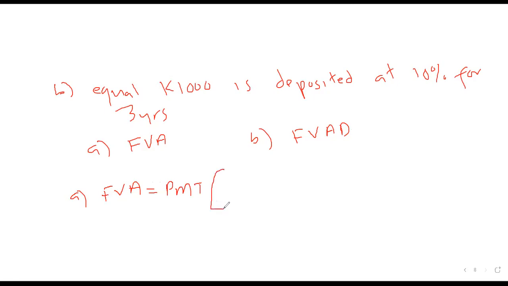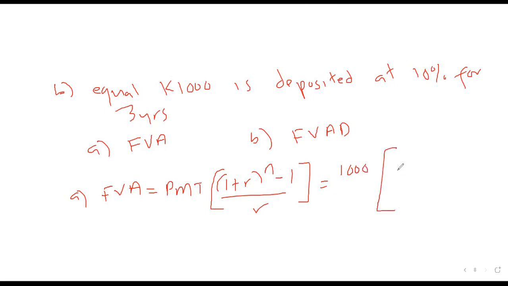So this one is given by the formula: future value equals payment times 1 plus r to the power n, minus 1, everything over r. So here we're going to start with 1,000 kwacha. That is a payment.